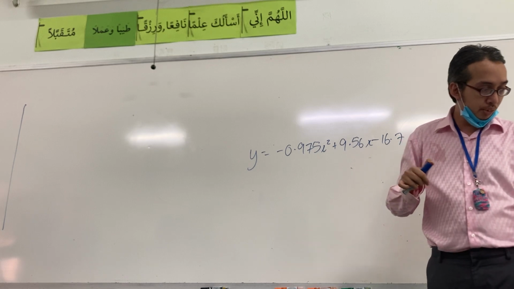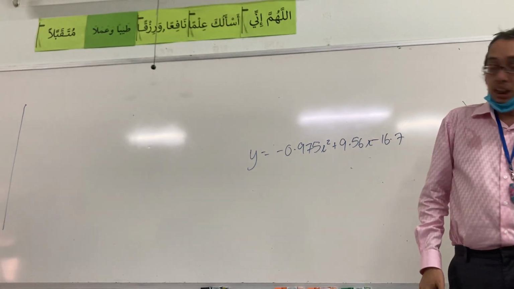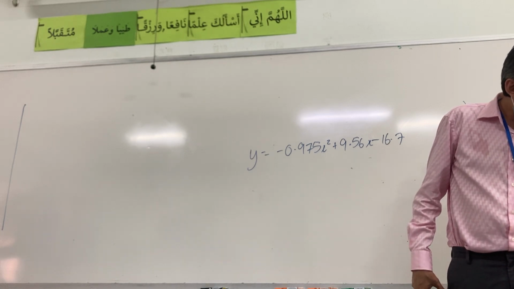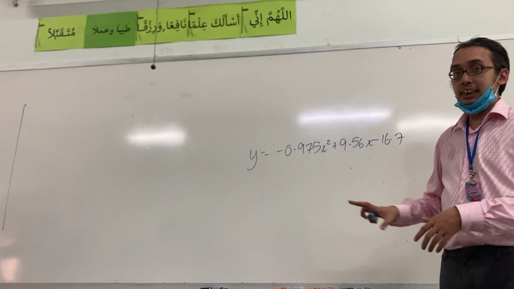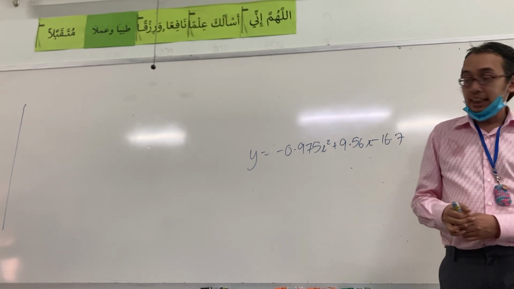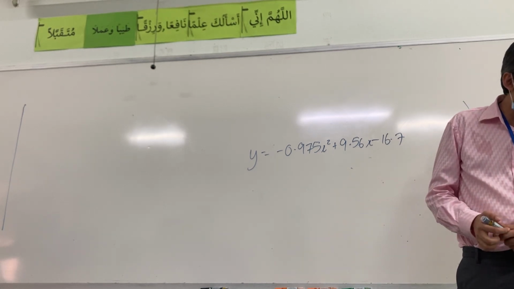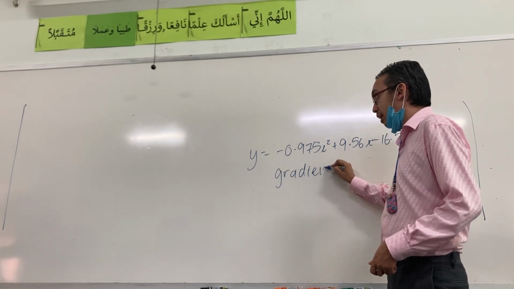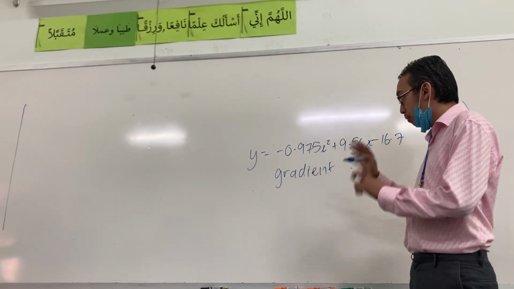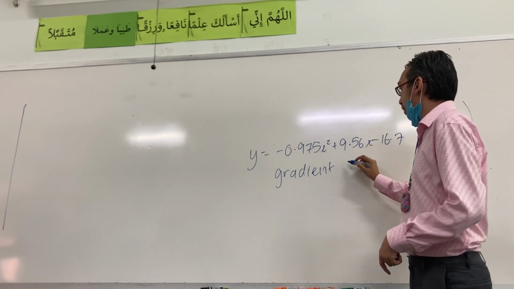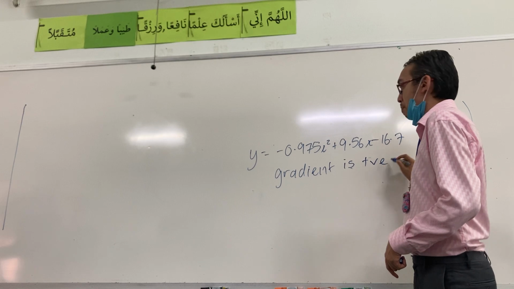Because this is only one mark, you can actually see from the equation itself that at x equals 4, the gradient is positive. So you don't really need to calculate the gradient. You just observe and make sure you are able to see that the gradient is positive.